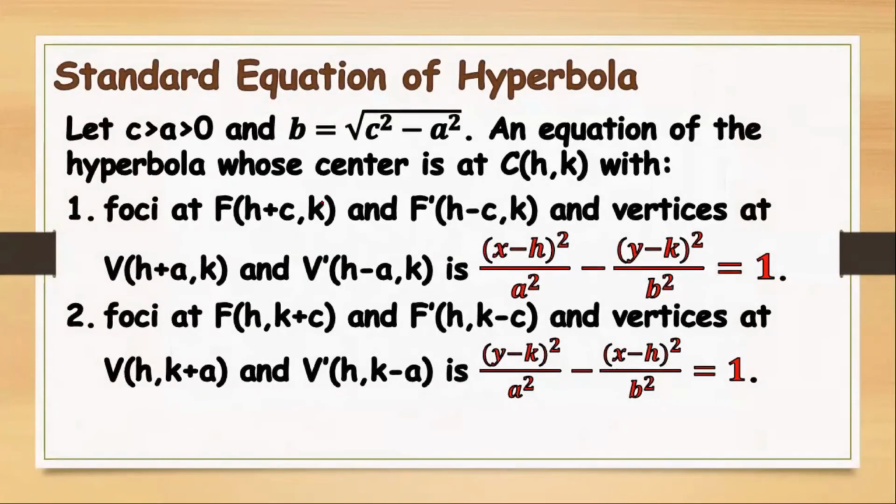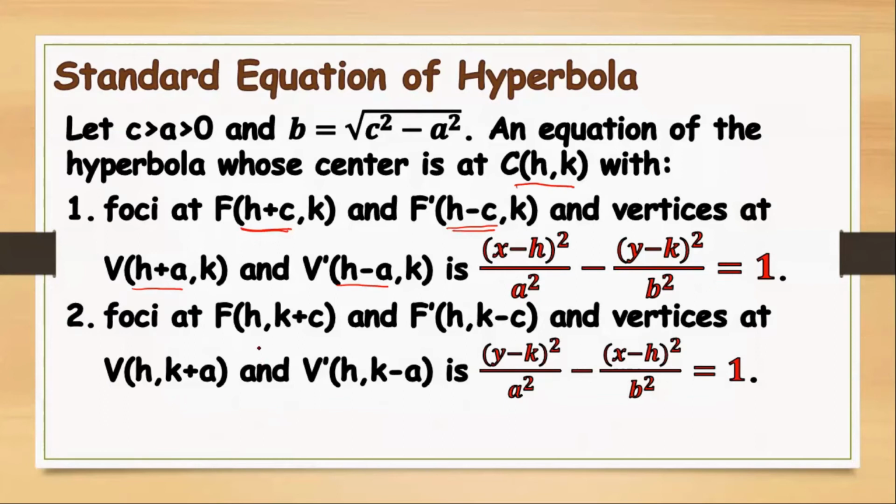So let's start. The standard equation of the hyperbola: c greater than a greater than 0 and b equals the square root of c squared minus a squared. Then an equation of the hyperbola whose center is at (h, k) with given foci. So if the foci change in x, the vertices also change in x, and we have (x minus h) quantity squared over a squared minus (y minus k) quantity squared over b squared equals 1.